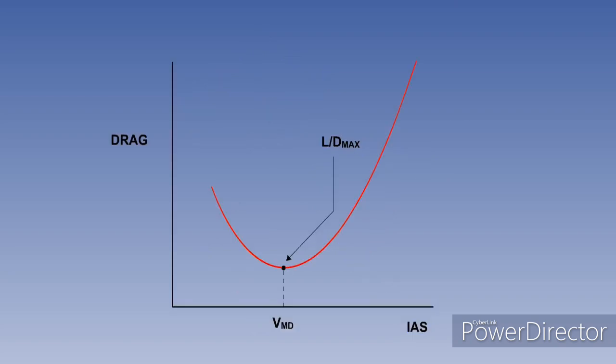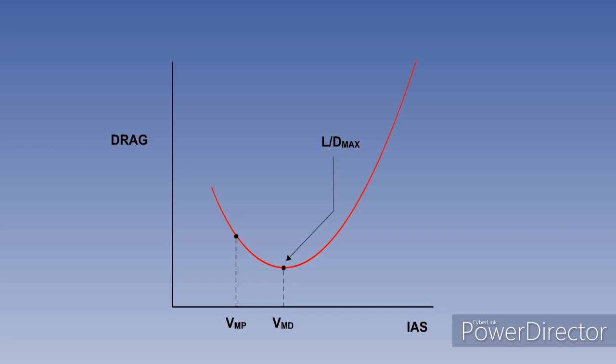The minimum rate of descent in the glide is obtained at the indicated airspeed, IAS, which requires minimum power, VMP. Flying at VMP in a glide will enable the aircraft to stay airborne as long as possible, but will not result in the shallowest glide angle or best glide range.